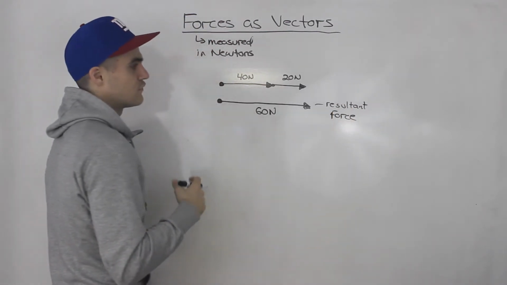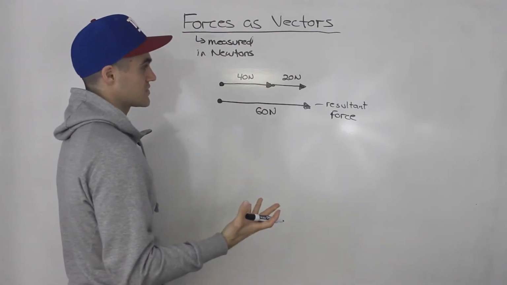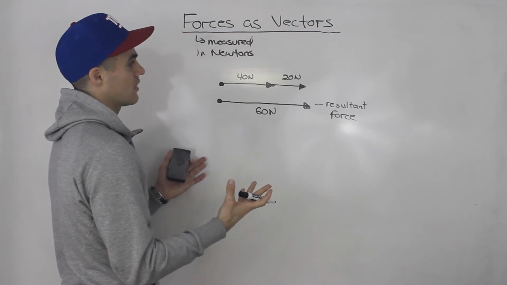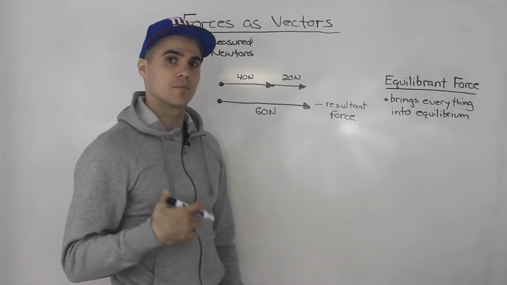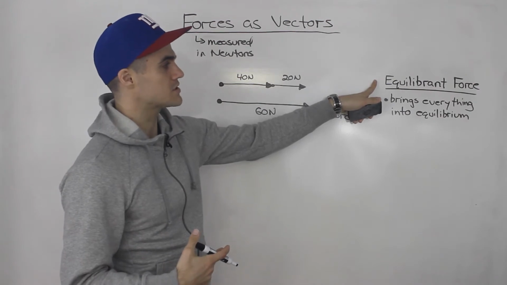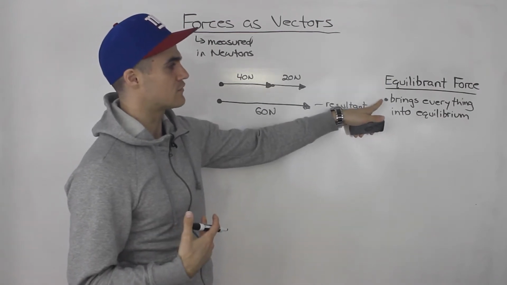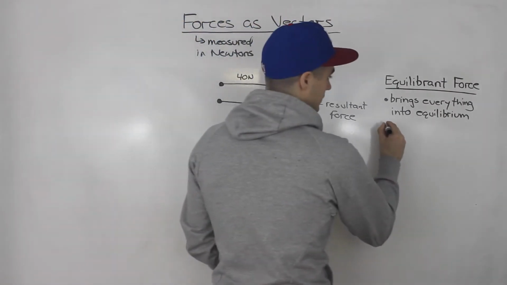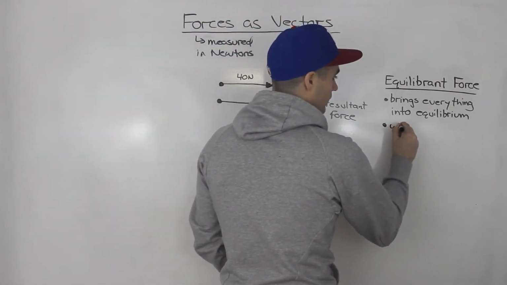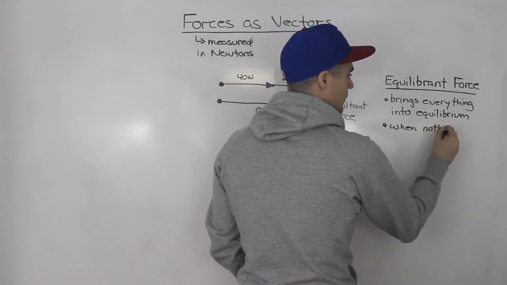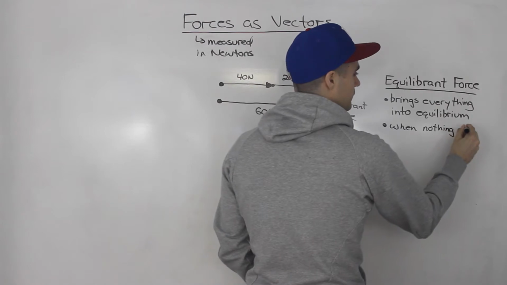So basically the resulting force that happens when you add up all of the different forces acting on an object. Now, something that you're going to see coming up in this unit pretty often is the concept of an equilibrium force. The way I like to think about it, it's basically the force that brings everything into equilibrium. So basically, equilibrium happens when nothing moves, so when no object moves.